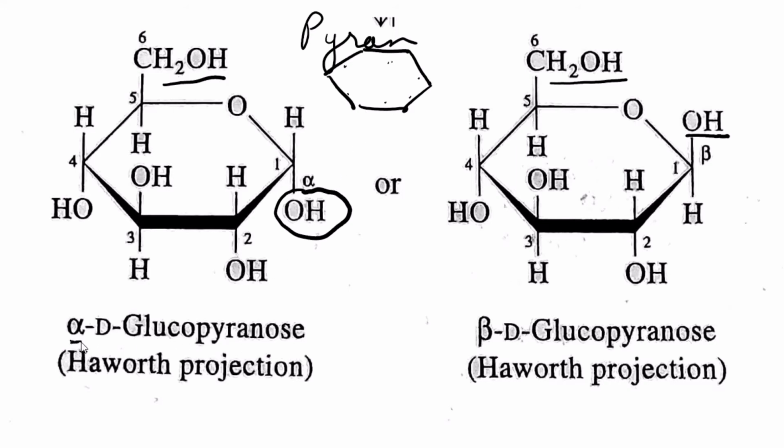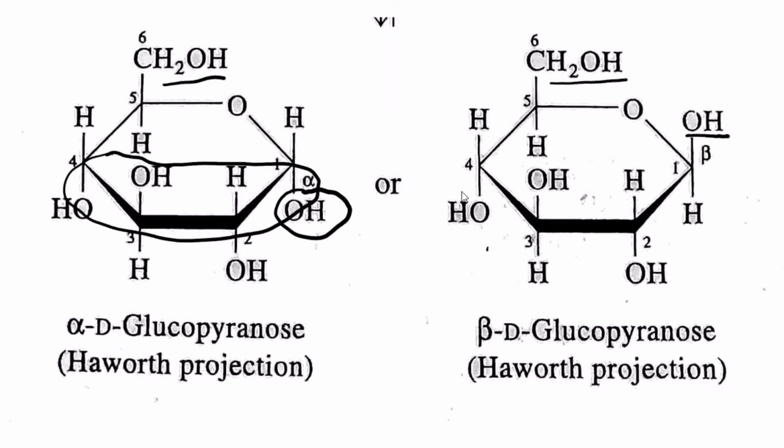Alpha signifies the position of the hydroxyl group of carbon number 1. D means it is the dextro-rotatory form, which is the more predominant form of glucose, and pyranose signifies that it resembles pyran, and it is a sugar. It is a monosaccharide.